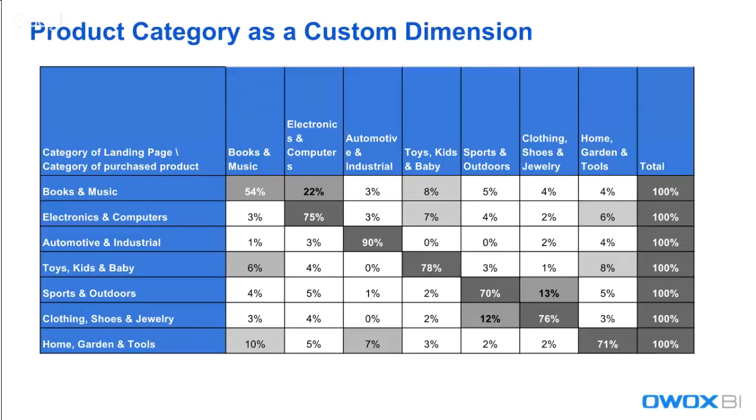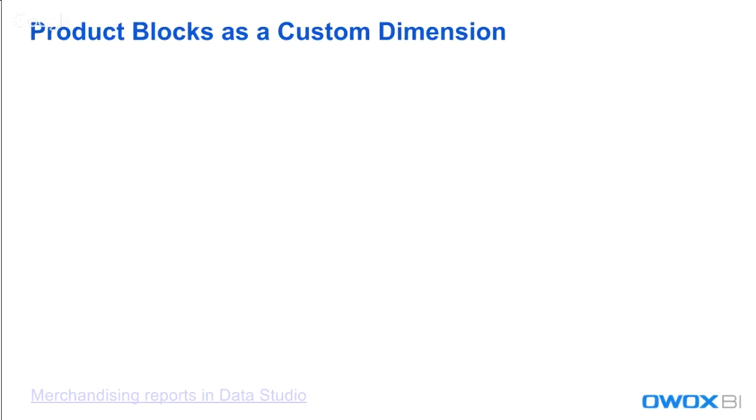Let's move forward and see what we can do with product blocks as a custom dimension. You know that customers who come to your website buy more from some blocks and less from other blocks. So what is the best way to place your products to increase sales?